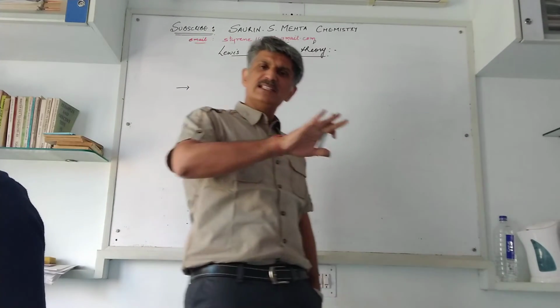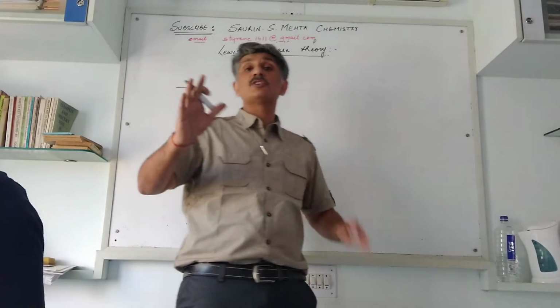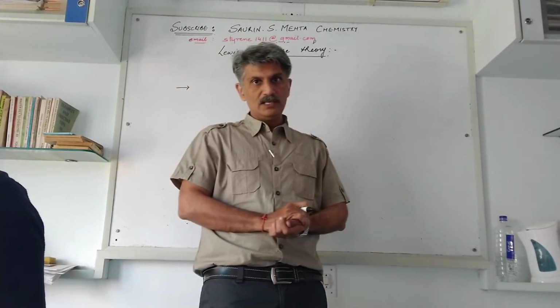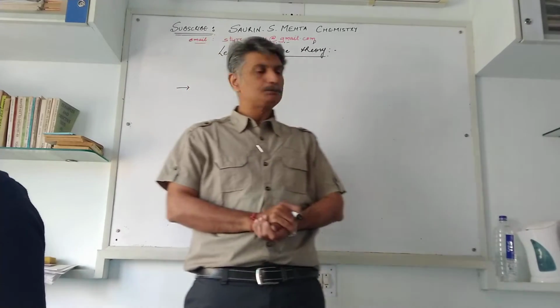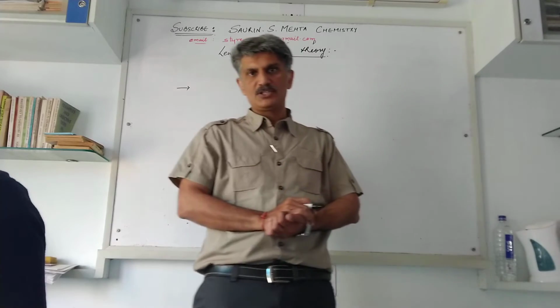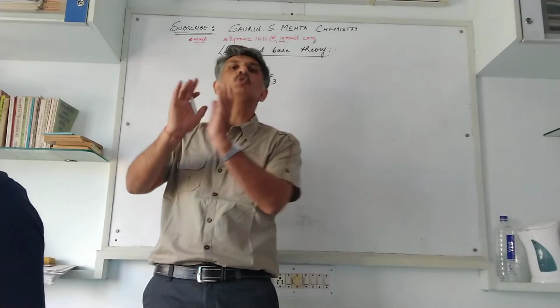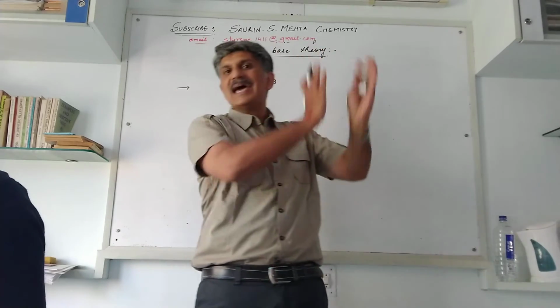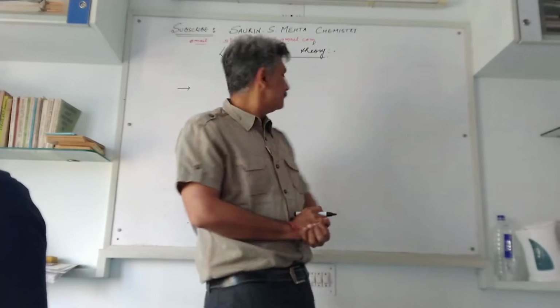G.N. Lewis determined the theory with respect to electrons. That means his theory was based on electronic structure. And so till date, there has been no limitation for Lewis theory. So this is the theory which is superior to all the acid-base theories, and that is Lewis theory.